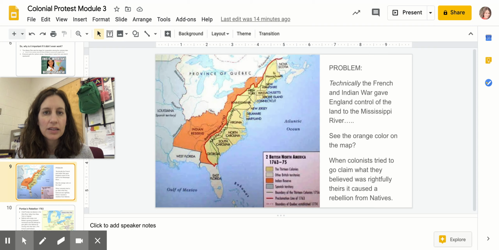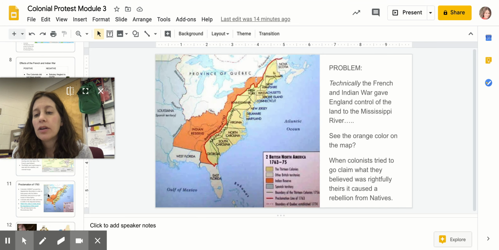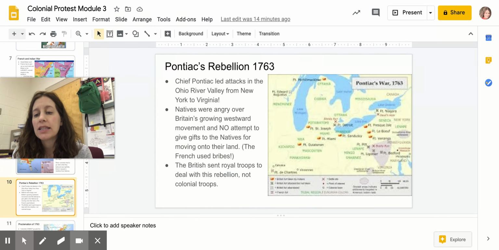Well, all of a sudden, they don't. That land, there is a lot of Native American populations that live on it. And to appease the Native American populations and prevent them from having any more future costly wars, the Crown, the King of England, declares that the colonists can't settle on it.